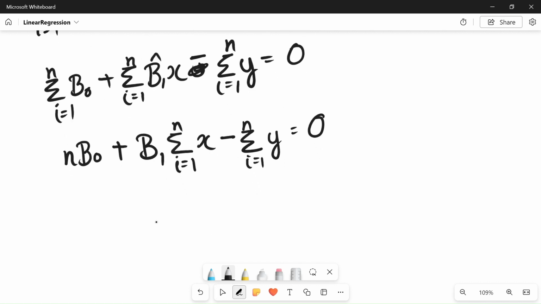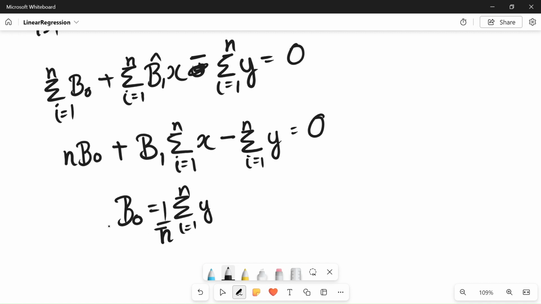Now what we will do is separate this beta naught from the rest. We'll bring beta naught to one side of the equation and all the other variables onto the other side. So it becomes beta naught equals the summation from i equals 1 to n of y times 1 upon n.